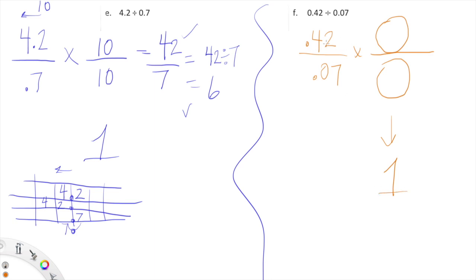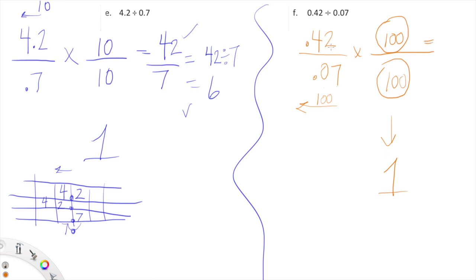I need to get these digits shifted 2 places to the left. What do I have to multiply something by in order to shift them 2 places to the left? Well, I can multiply them by 100 and we'll be in good shape. That's 100 over 100, which again is a fancy version of 1.